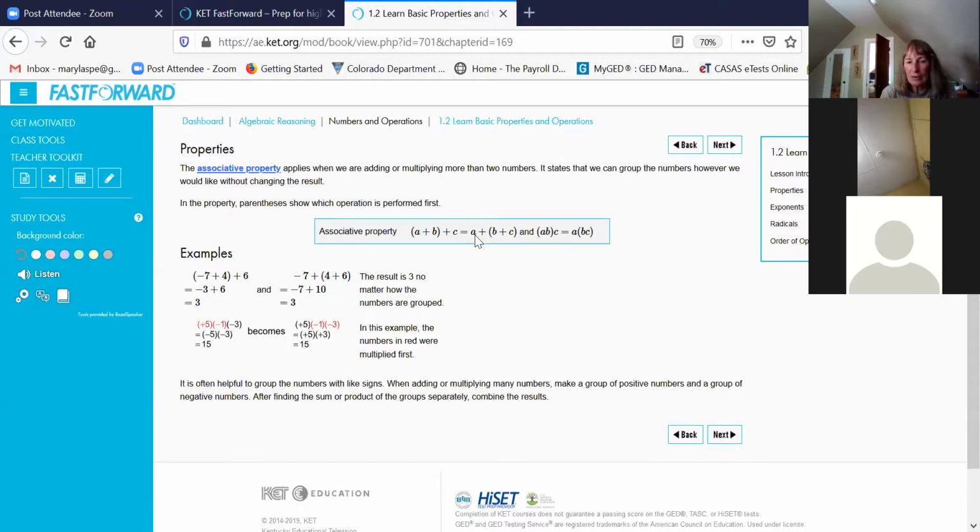And that's okay, you're going to get the same answer. And you can do the same thing with multiplication. So you can change the grouping as long as you're just adding or just multiplying. Doesn't work for subtraction, and it doesn't work for division. And it also doesn't work when you're mixing addition and multiplication.